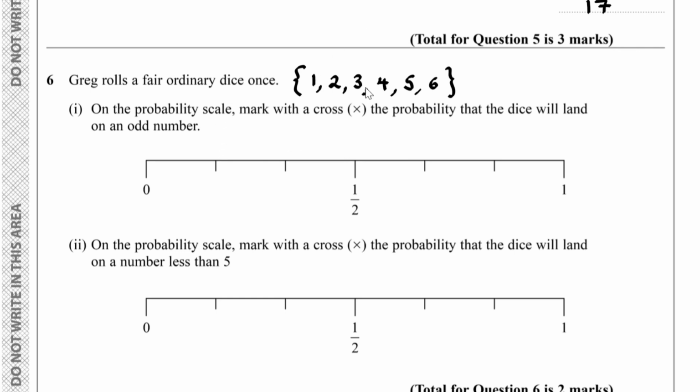Well, there's 1, 2, 3 out of 6. So the probability that we get an odd number is 3 out of 6, which simplifies to 1/2. So we put a cross over here.